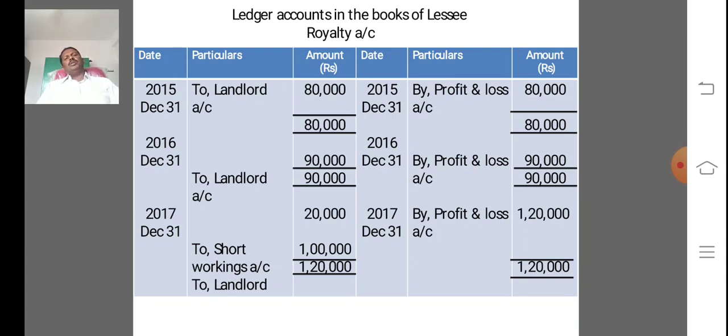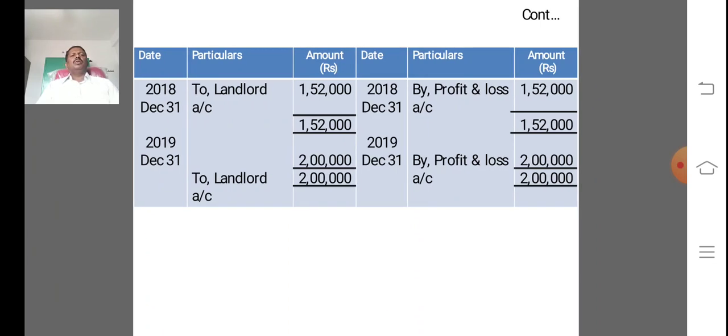And December 2017, to short workings account 20,000, to landlord account 1 lakh, by profit and loss account 1,20,000. And next 2018, to landlord account 1,52,000, by profit and loss account 1,52,000.